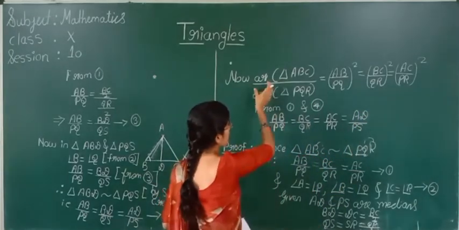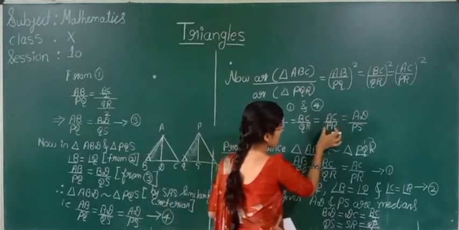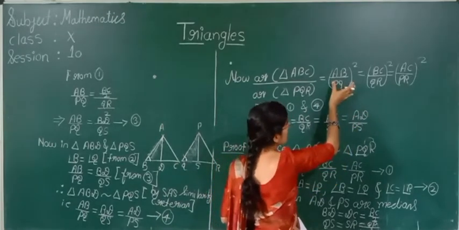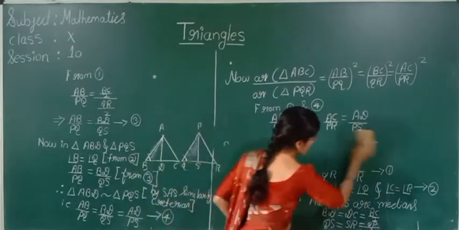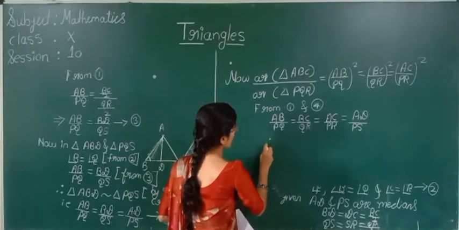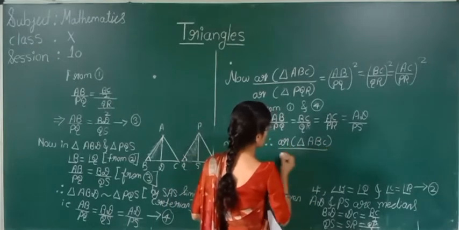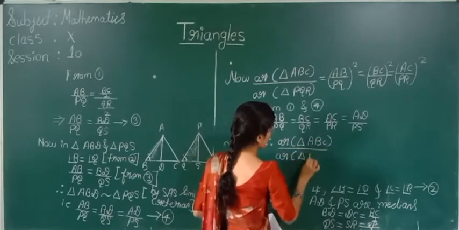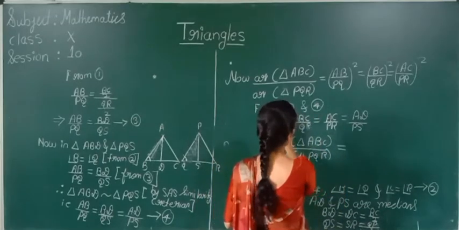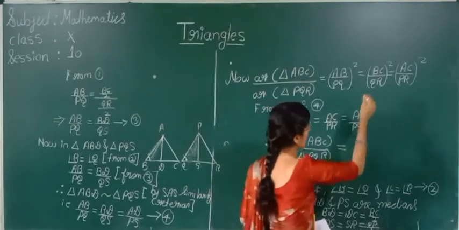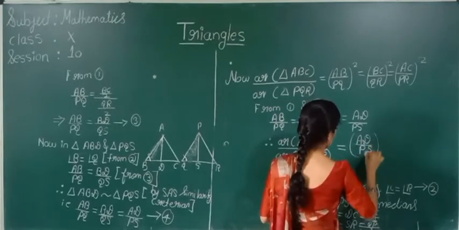Now see here, what we can write is, AB by PQ is equal to BC by QR is equal to AC by PR is equal to AD by PS. I can write here AB by PQ as AD by PS. So therefore, area of a triangle ABC by area of a triangle PQR is equal to, see, these all are equal now, I can write it as AD by PS the whole square.